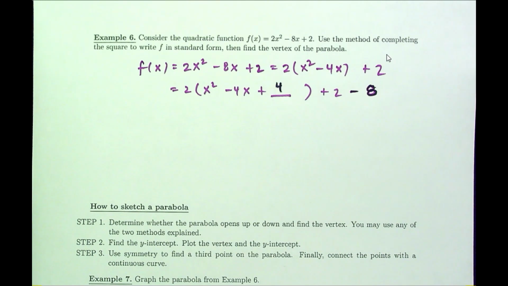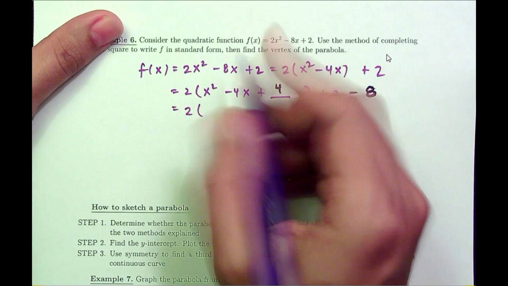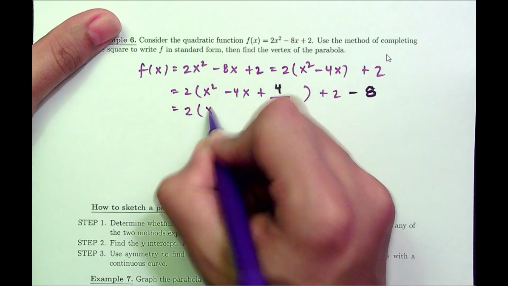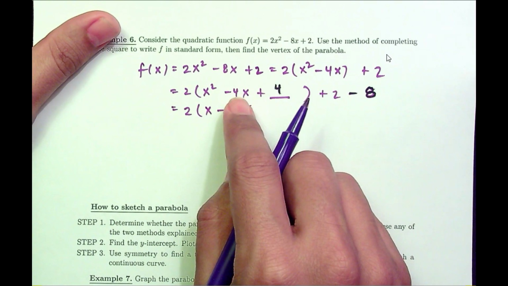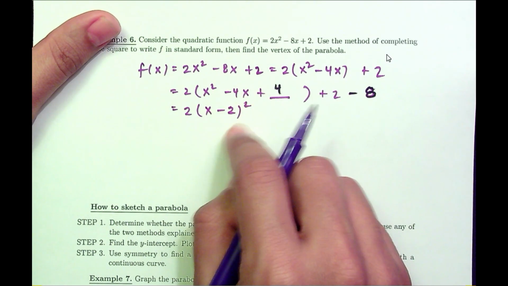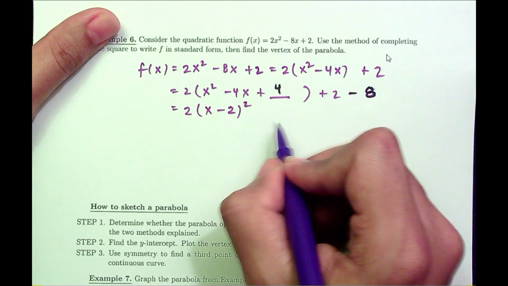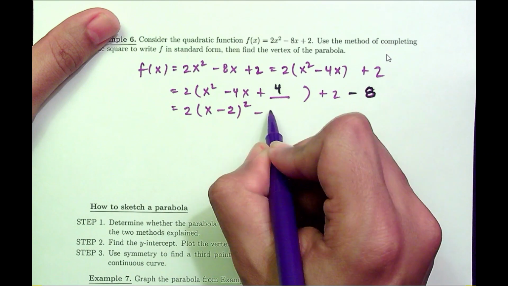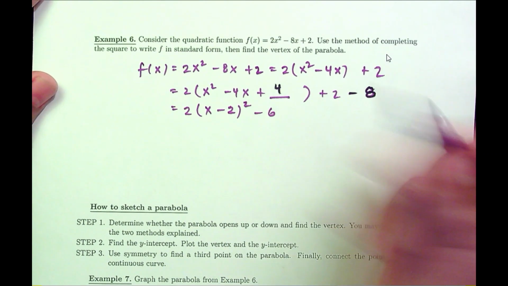All right, and now we just simplify. This is 2 times the square of x minus 2 squared, where 2 is the coefficient divided by 2. And then simplifying the constants, that is minus 6. Positive 2 and negative 8 is negative 6. And that's it, we're done.